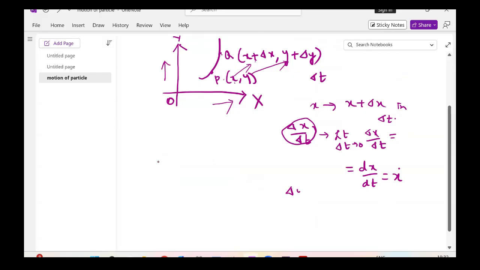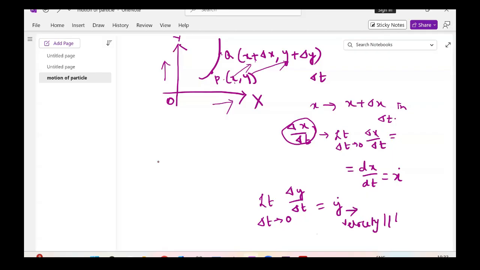Similarly, del y by del t is the rate of change of the position of the particle parallel to the y-axis. What is the change in the displacement with respect to time t? Then I take the limiting condition, when the change in t is very small, and we get y dot. So these are the velocities parallel to the y-axis and, similarly, parallel to the x-axis.